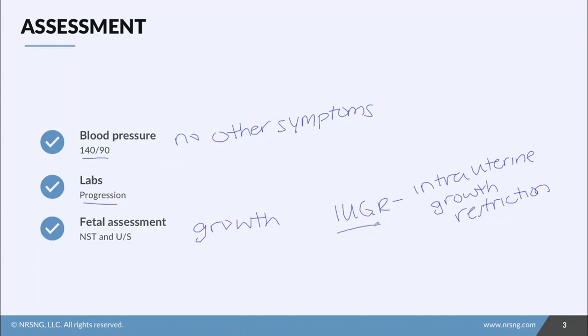So an NST, the non-stress test, and ultrasounds are going to be done. The non-stress test checks on the fetal status and how it's doing. The ultrasound looks at things like growth and makes sure the baby's not suffering too much from the hypertension.